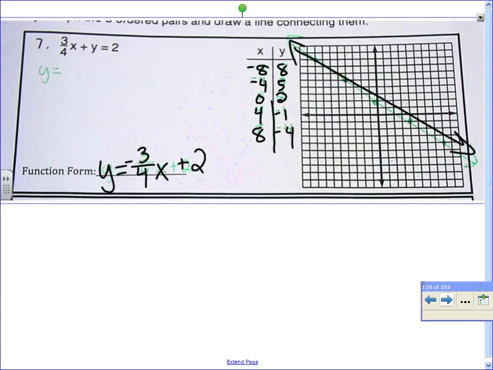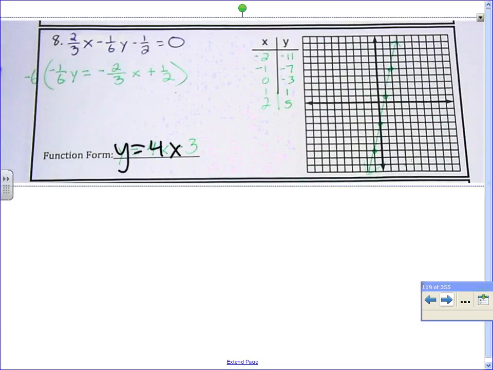Okay, Sean, number 8. Good. And table value, Sean? Good job. And positive linear function. Okay, Justin, number 9.